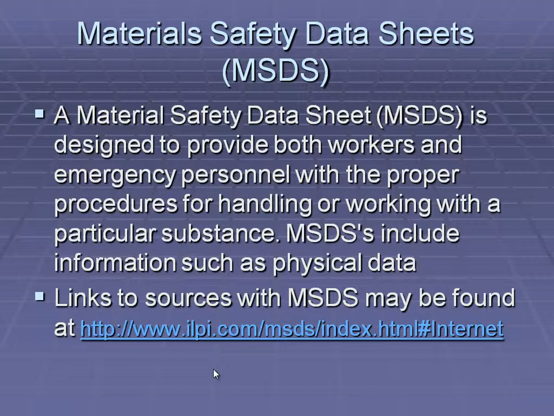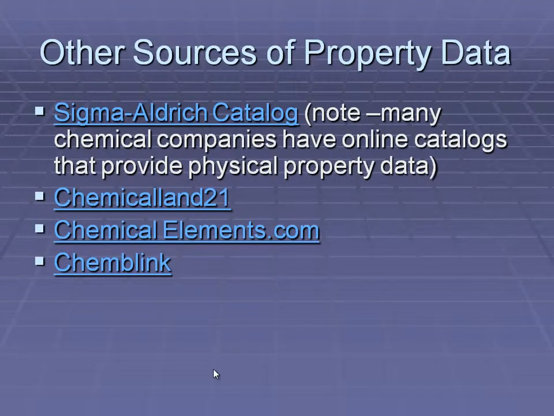So here's a website where you can find a directory of material safety data sheets. They do have toxicological data, but they're also a very rich source of physical and thermodynamic properties of chemical substances. So that's one place you can go to look. Other sources of data: there are many companies that sell chemicals.